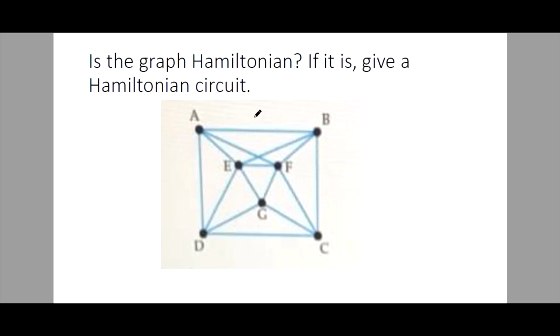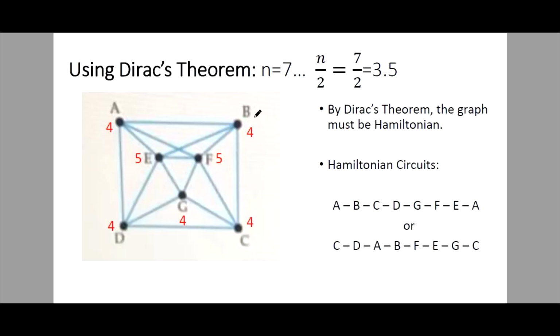Now next, is the graph Hamiltonian? Again, let's try Dirac's theorem. n is 7, so it's greater than or equal to 3, so satisfied. And then n over 2 is 3.5. Looking at the degrees, 4 and 5 are both greater than 3.5. So we can now use Dirac's theorem.